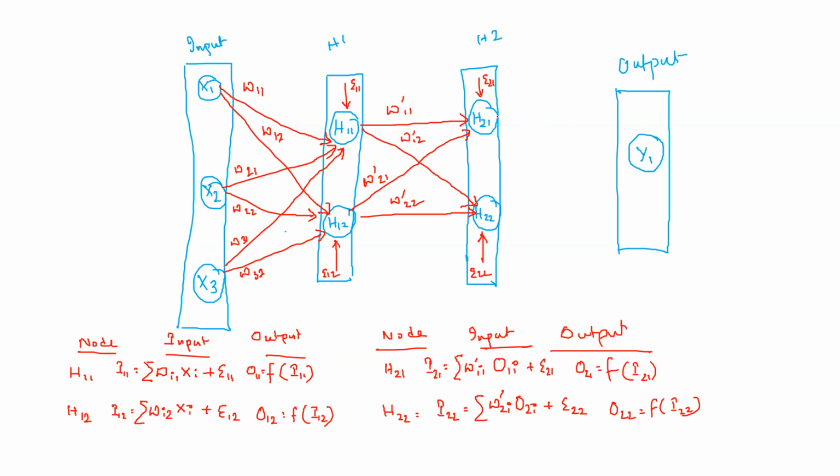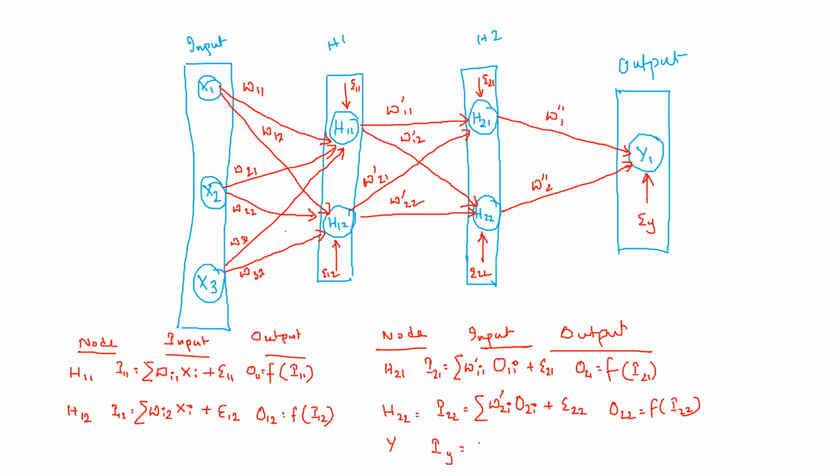Now let's again change it like this. This also impacts here. So let's say this is W double dash 1, this is W double dash 2, and there is another error which I write as EY. So what is the final node? The final Y node. What is the input of that?